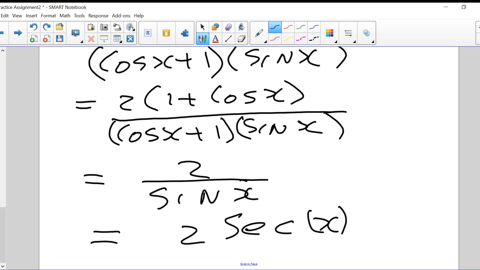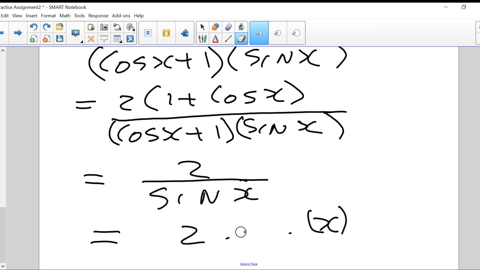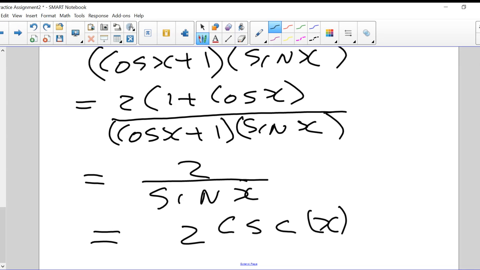Because 1 over sine is, oh no, sorry, cosecant. That's what happens when you rush. 2 cosecant x. The reciprocal of sine is cosecant. So it's actually 2 cosecant x.